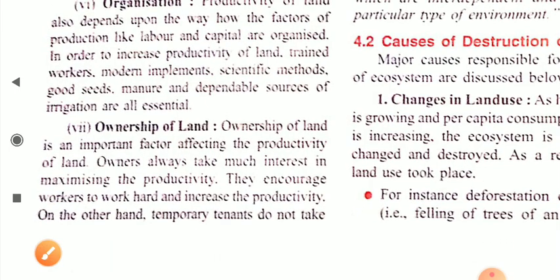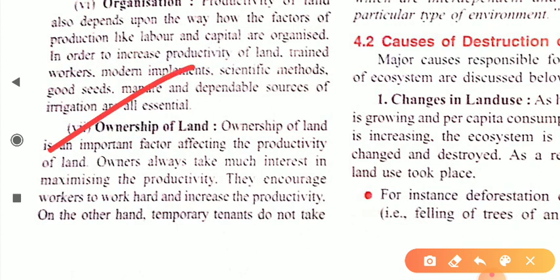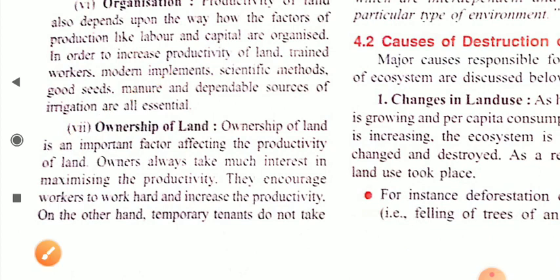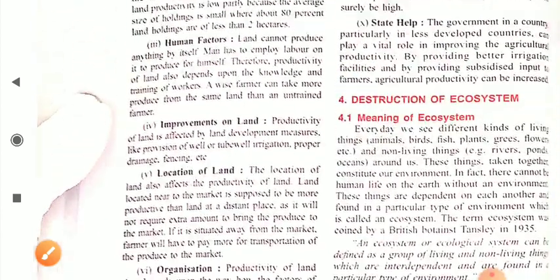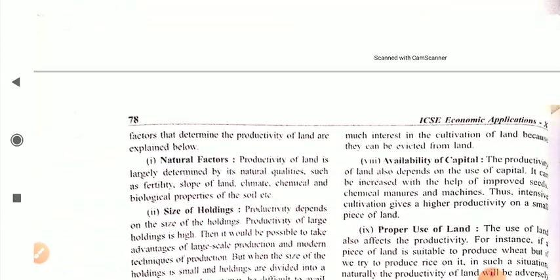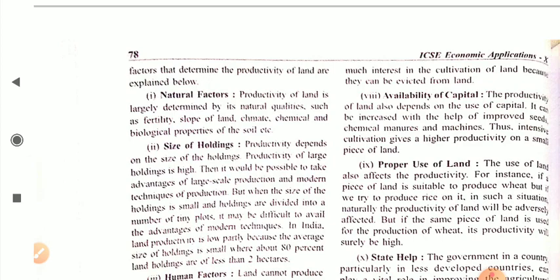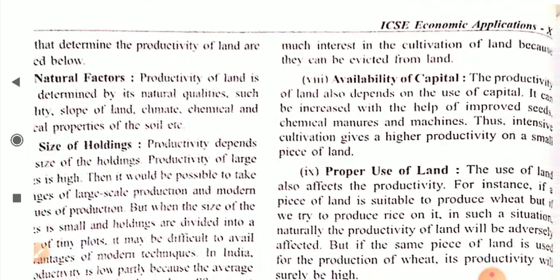The last one is ownership of land. Dear student, ownership of land is an important factor affecting the productivity of land. Owners always take much interest in maximizing the productivity. They encourage workers to work hard and increase the productivity. On the other hand, temporary tenants do not take much interest in the cultivation of land because they can be evicted from the land.